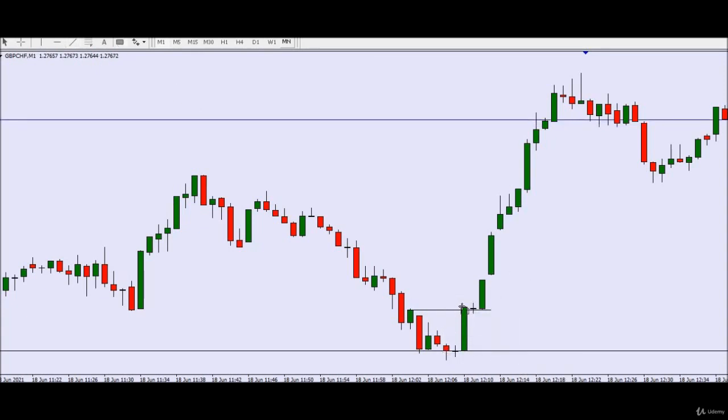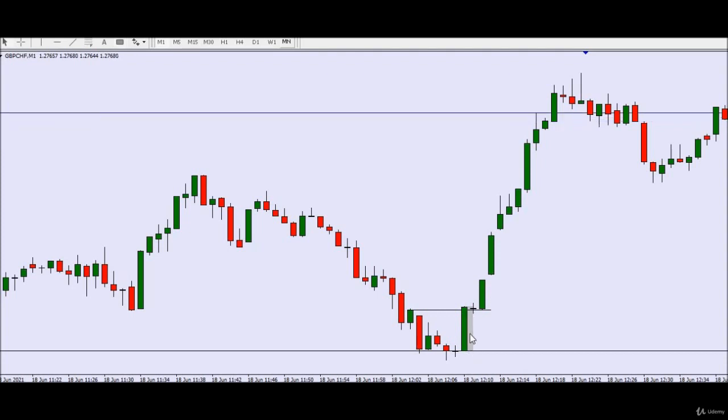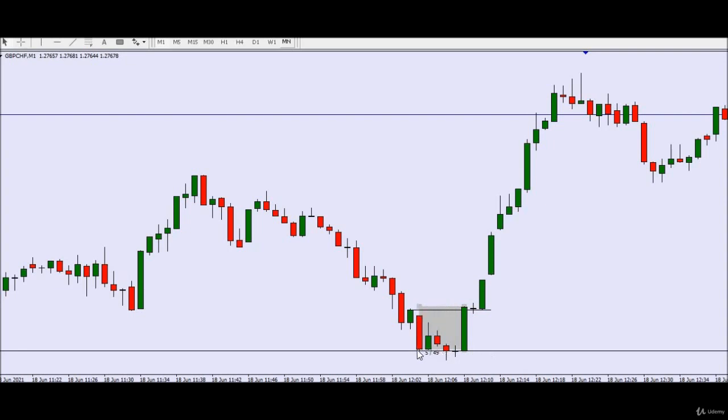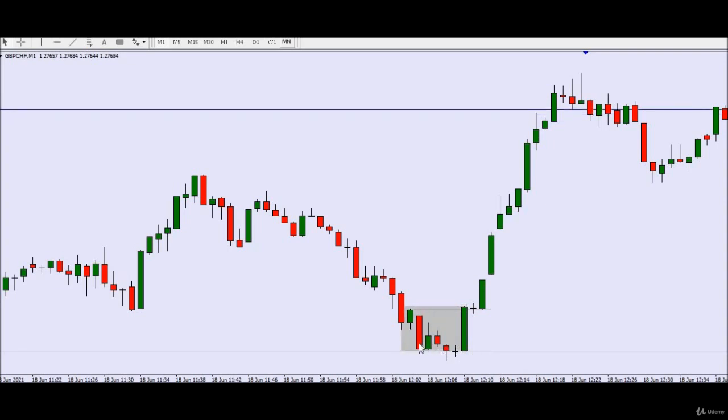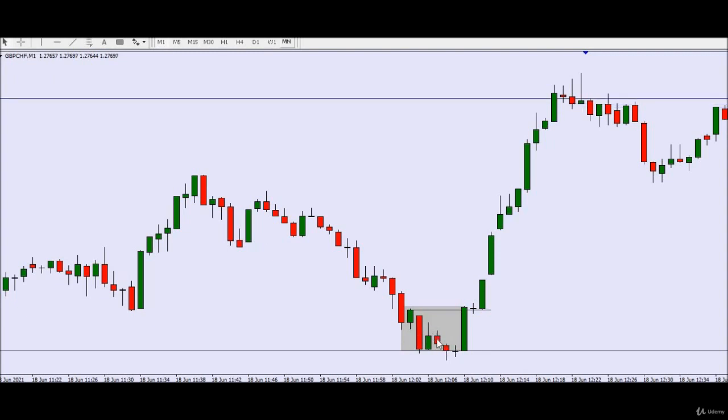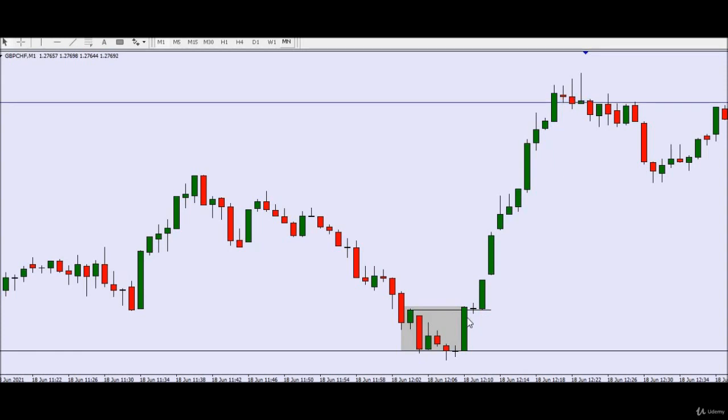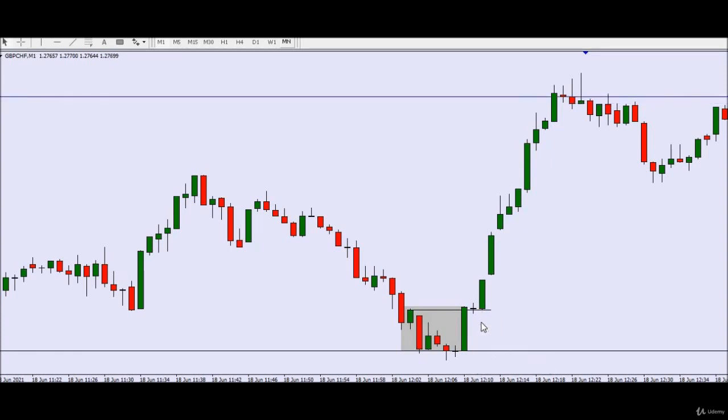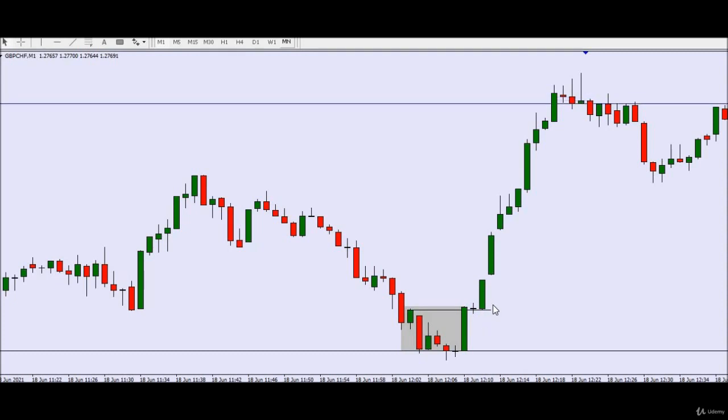And now this candlestick is this big, so as you can see it's bigger than all these previous candlesticks, so it's nice engulfing candlestick. So this is very nice sign of buyers and their strength.